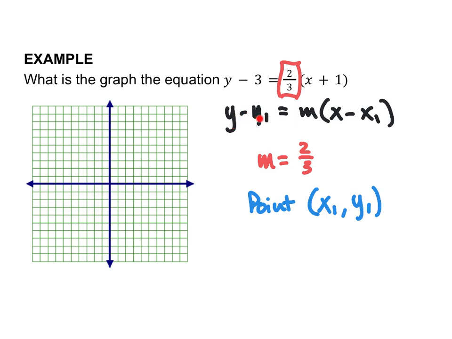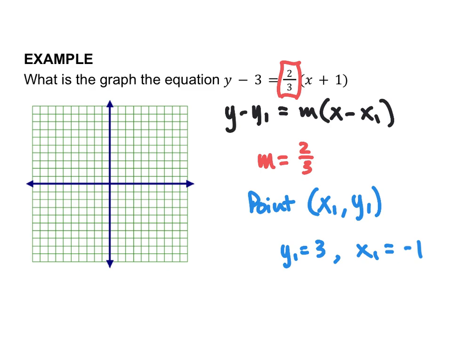When you are subtracting y from y minus y sub 1, your y sub 1 value in this case is going to be 3, okay? So I'm going to write out that y sub 1 is equal to 3, but the part for x sub 1 is a little trickier. Because this is positive, and our formula says that we are subtracting, x sub 1 is actually going to be a negative 1, okay? And that's a little tricky.